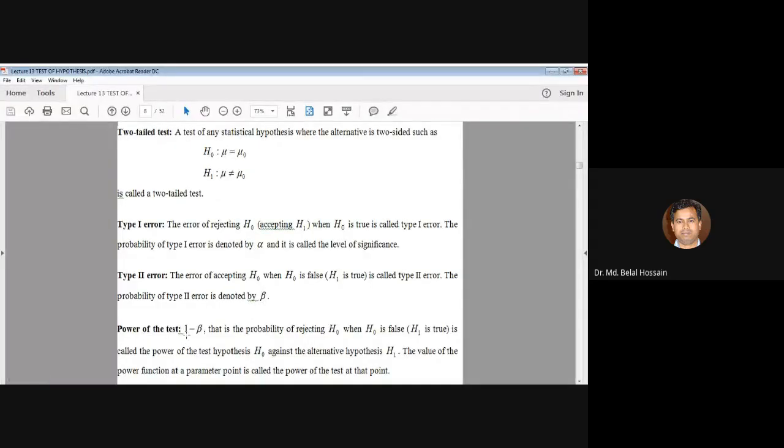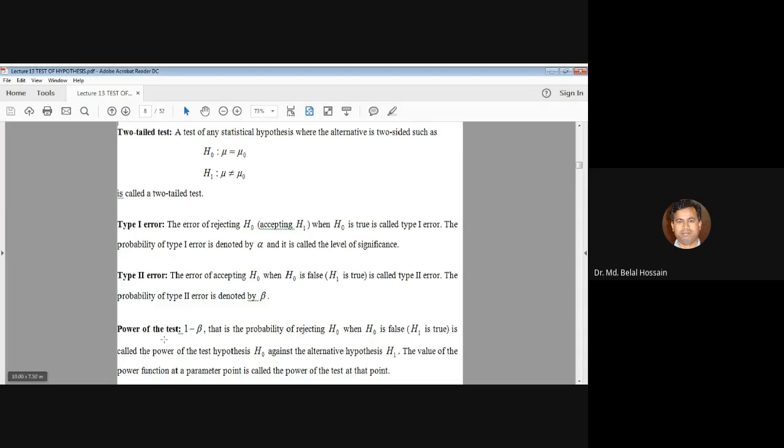Power of the test: 1 minus beta is actually the power of the test. When we reject a null hypothesis that is false, the probability of rejecting a null hypothesis that is false is actually 1 minus beta. So we always want to know this power of the test. Two tests with the same alpha can be compared with this power of the test.